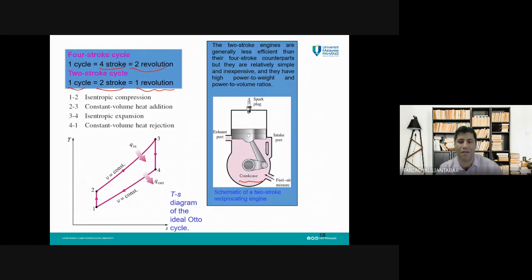But we can also have a spark ignition engine, like what you can see here, in which the cycle finishes in just one revolution of the crankshaft. Still, for this kind of engine we have all of those: intake, expansion, ignition, and also compression.